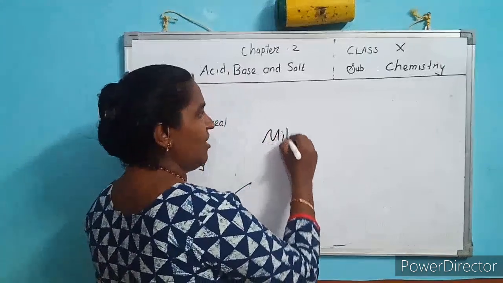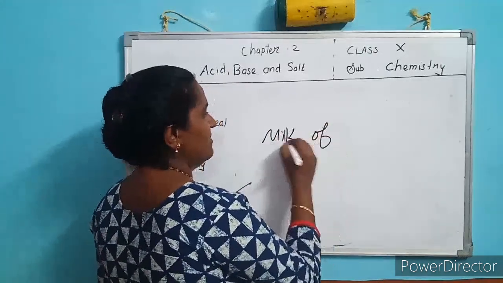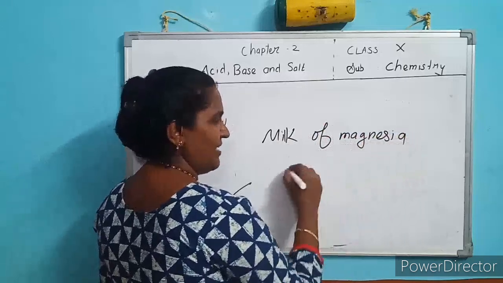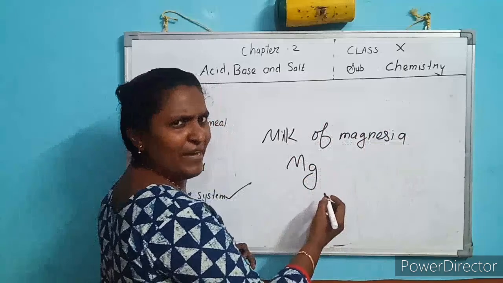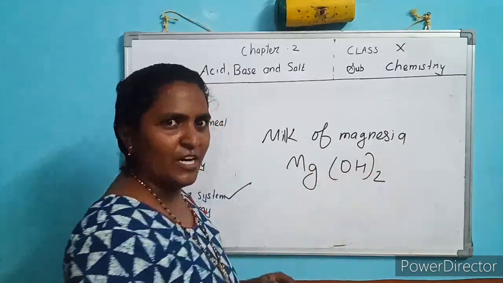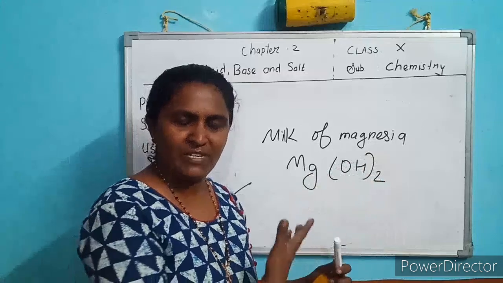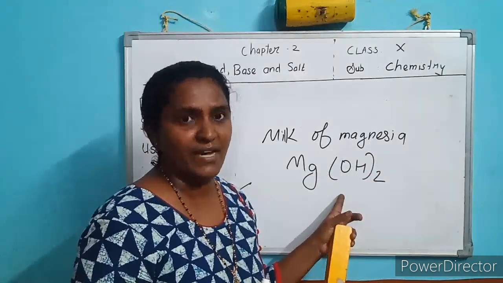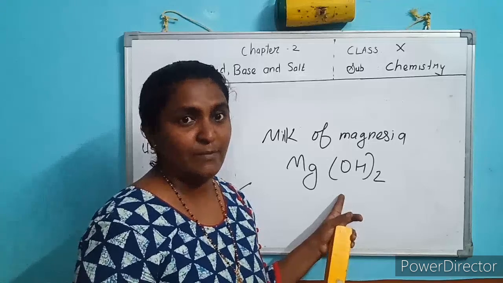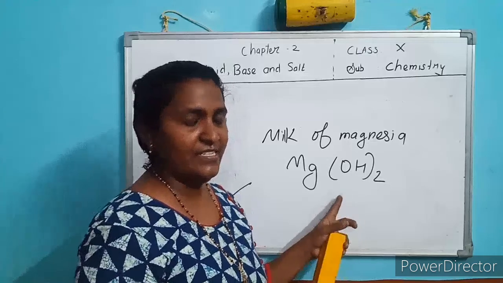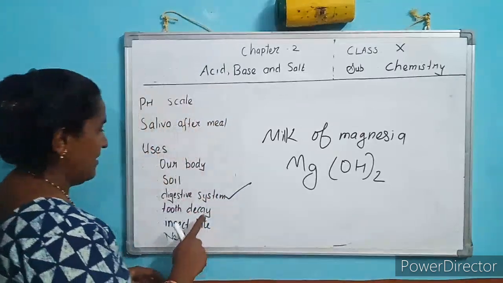What is that? Nothing but a base, magnesium hydroxide. If you have more stomach pain, the doctor will prescribe this type of medicine. A question can be asked, what is milk of magnesia? It neutralizes the acid.